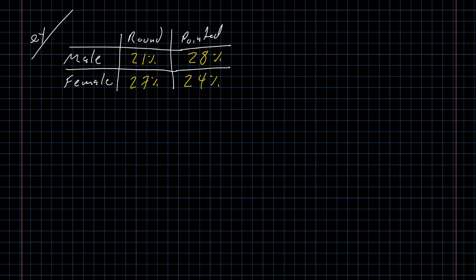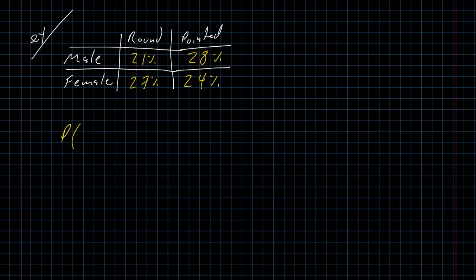All right, so I have 21%, 27%, 28%, and 24% as my probabilities. And even though these are now probabilities and not counts, it doesn't change anything at all about how to perform the calculation.